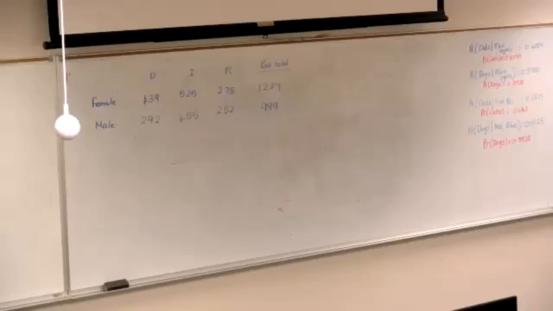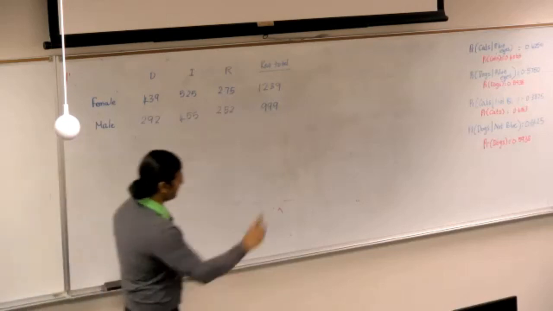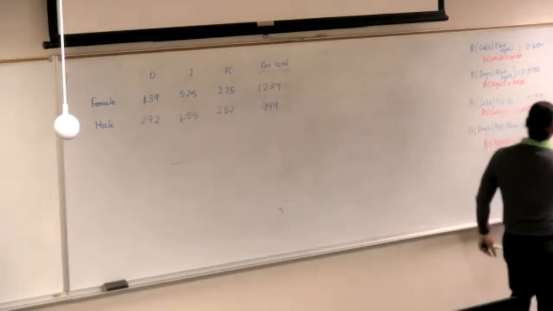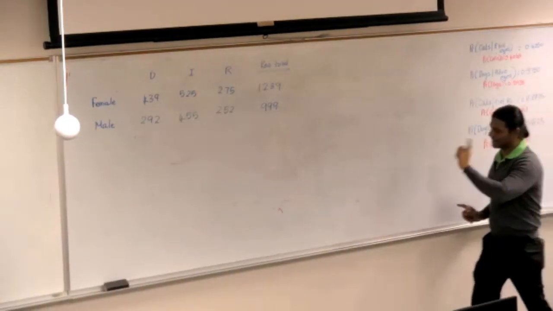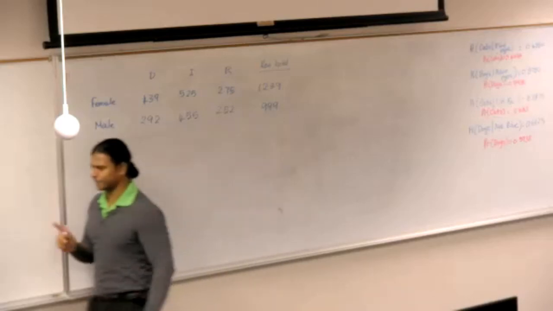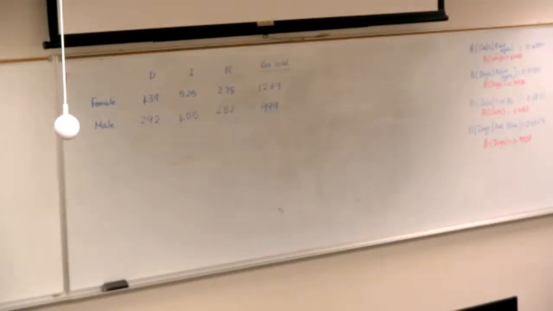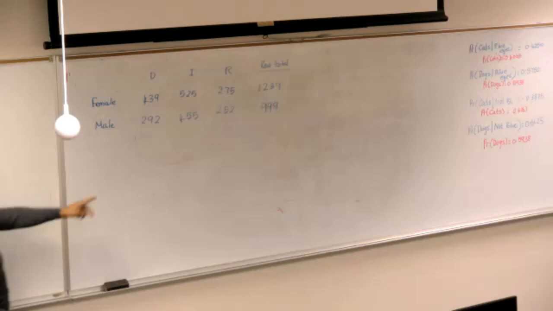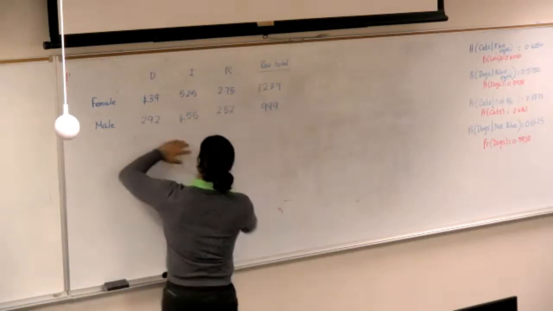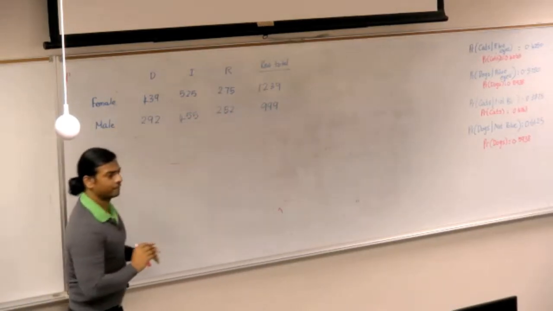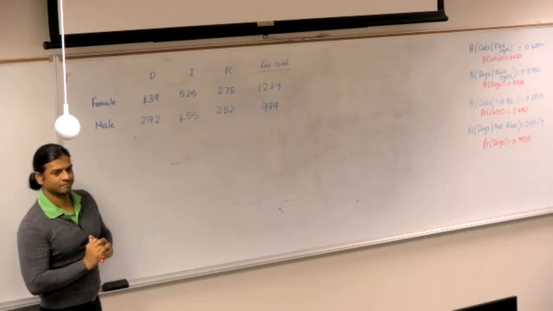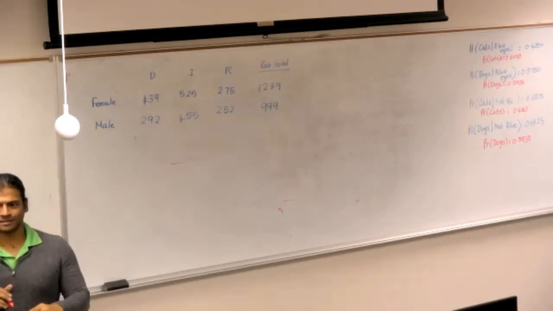Okay, so you can give me the probabilities, but before that, why did they only give you the row totals and did not give you the column totals? They gave you these, but they didn't give you that. Any thoughts as to why?